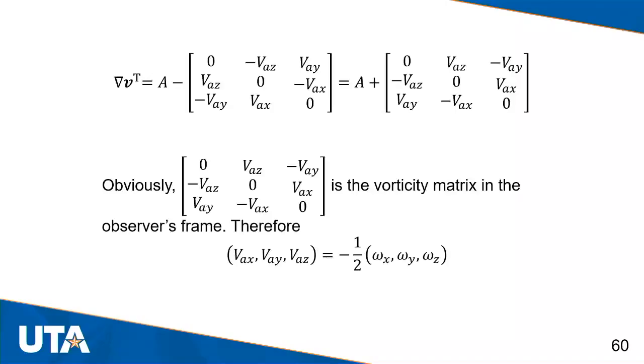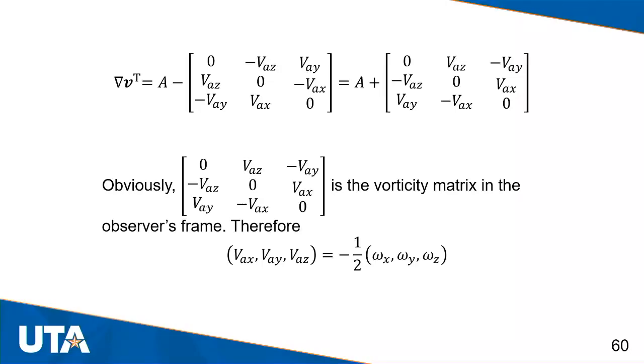So the velocity gradient in the observer's frame is the sum of A and these, right? And we know A is a symmetrical matrix.